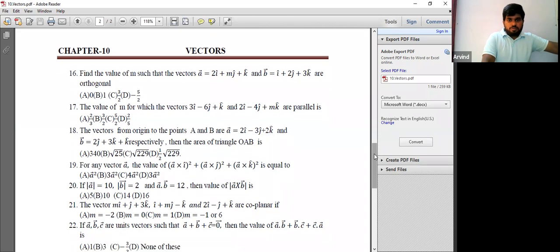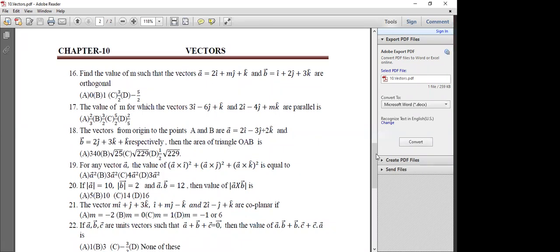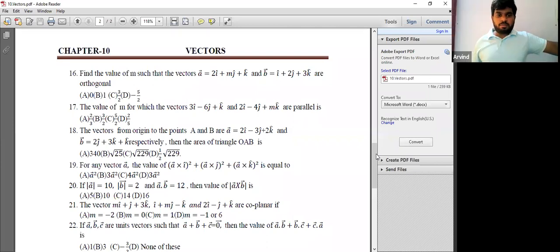The value of m for which the vectors are parallel. In parallel, what is the condition? A1 by A2 is equal to B1 by B2 is equal to C1 by C2. Take that condition and do it, and you will get the m value.